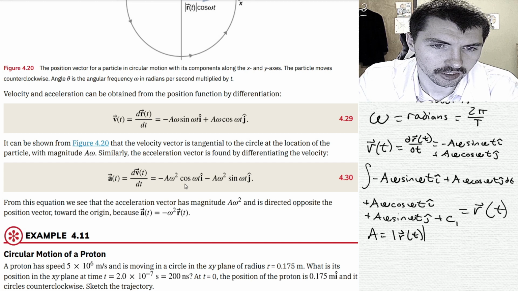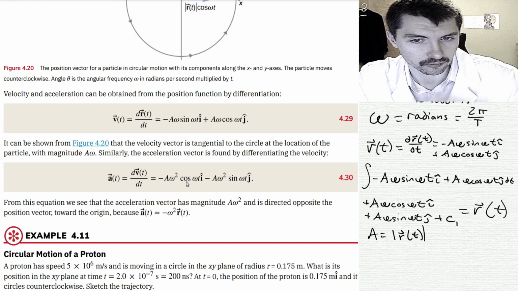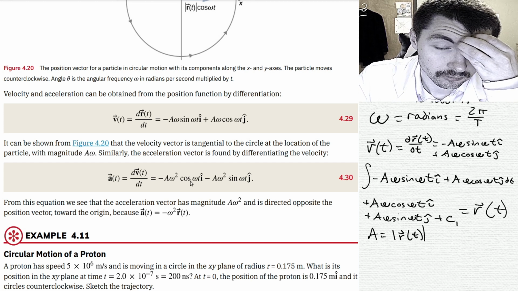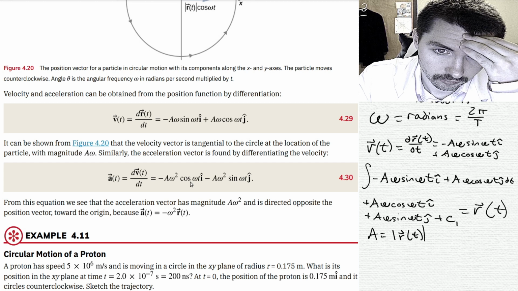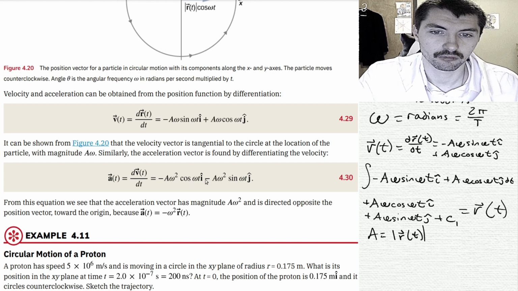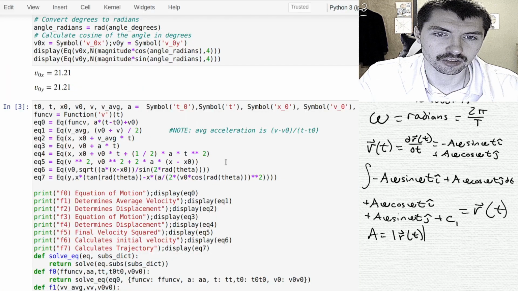For differentiating it with respect to t, okay, cosine omega t.